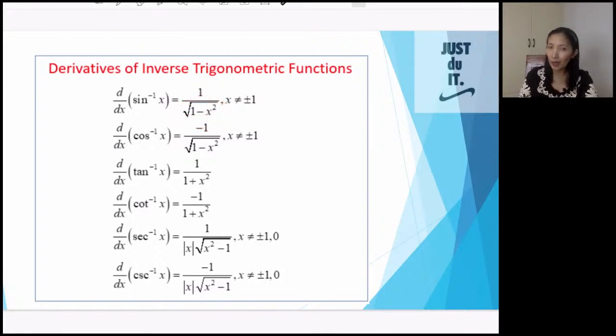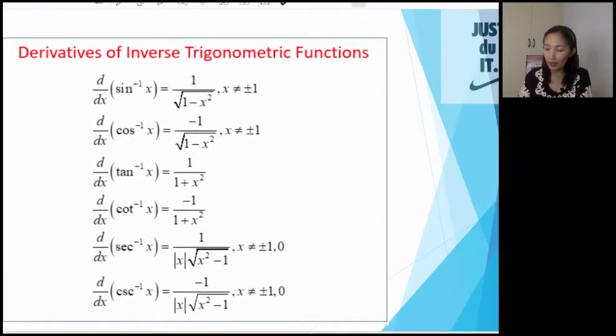For arccosine of x, its derivative is the negative of the derivative of arcsine: negative 1 over the square root of 1 minus x squared. For arctangent of x, we have 1 over 1 plus x squared.